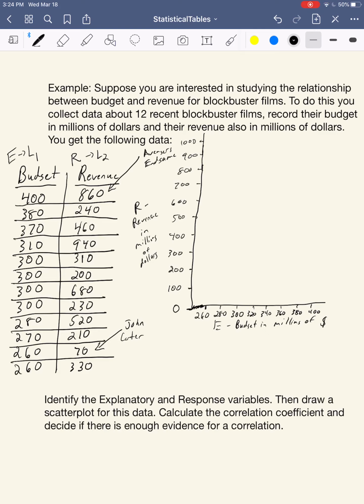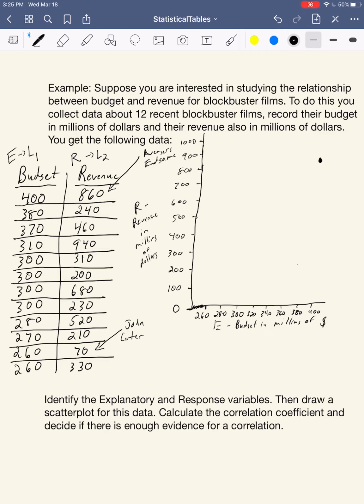Okay, so let's go ahead and plot this real quick. Notice that I did not need to use a little squiggly line down here because I actually did start my vertical axis at 0. All right, so my first point is at 400 with a revenue of 860. So we'll just roughly sketch that on. That should be right in there. Then we had 380 and 240.